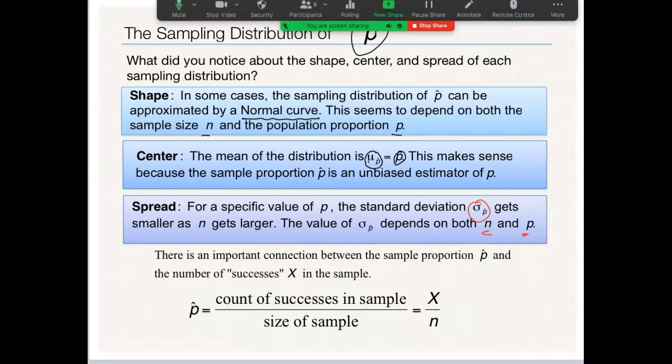All right, so there's a connection between the sample proportion p hat and the number of what we'll call successes in the sample, which is x. And the way we compute it is the number of successes divided by the size of the sample. So it's just x over n. This is important to write down: p hat equals x over n.